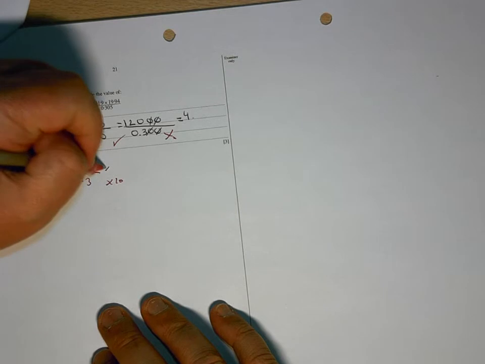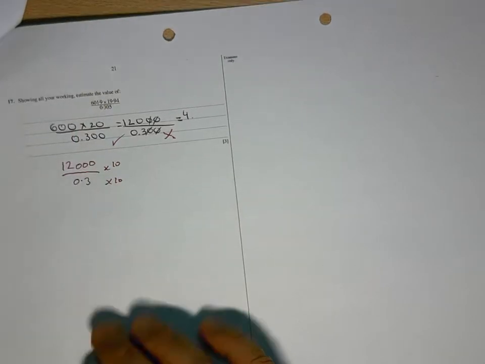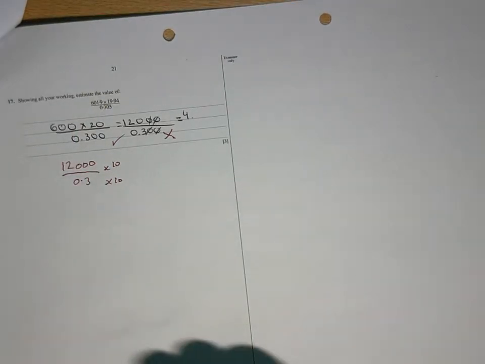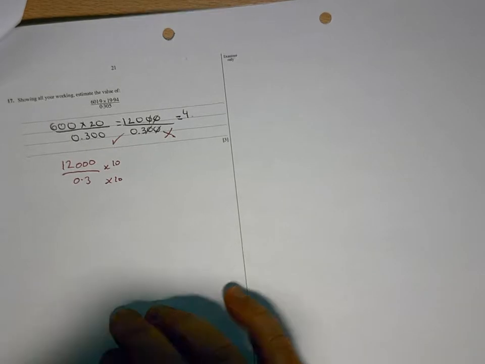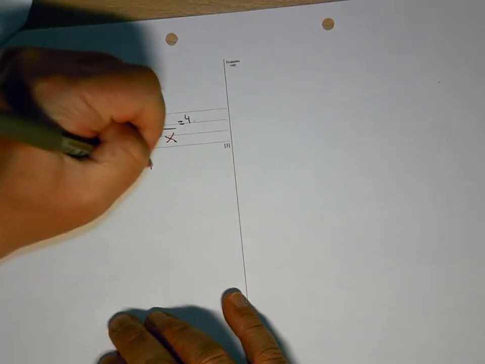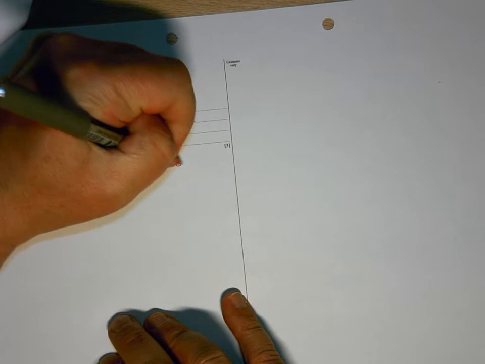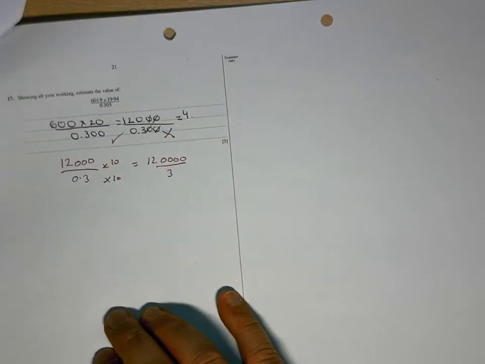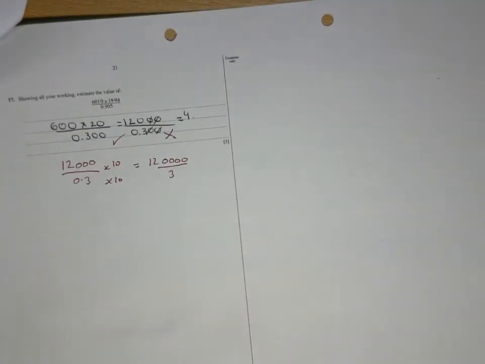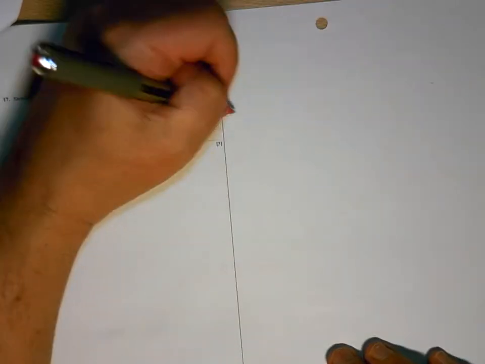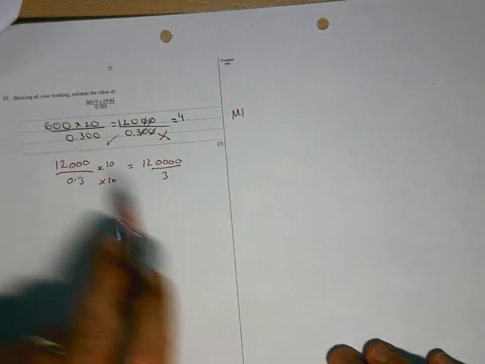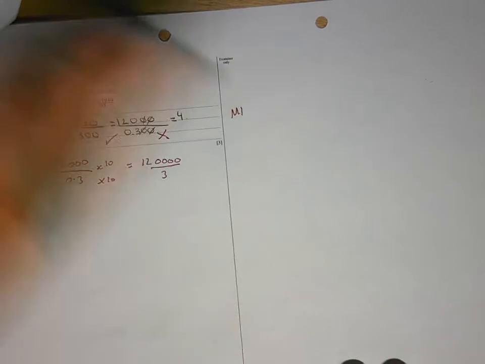But if I multiply that by 10, I've also got to multiply the top number by 10 as well, otherwise the value of the sum changes. So it simplifies to 12 followed by 4 zeros divided by 3, which is then an easier sum for you to work out. So you've made the first step right, but then you've gone wrong from there.